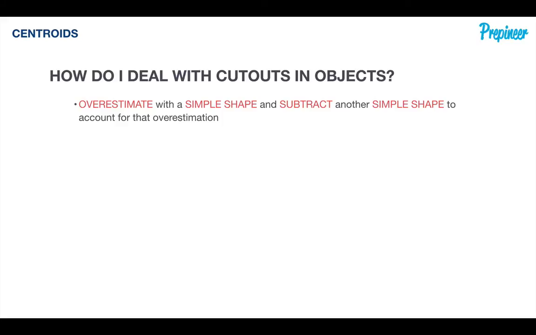So when we're working with a strangely shaped discrete region, as we are in this particular case, it's most convenient to overestimate an area with a simple shape and then subtract another simple shape from the calculations to account for that overestimation. If you look at the original object on the left, there's only a small portion of purple right there.